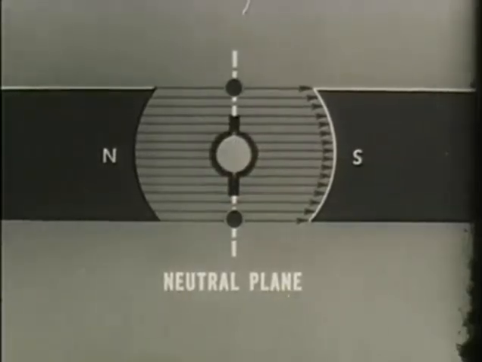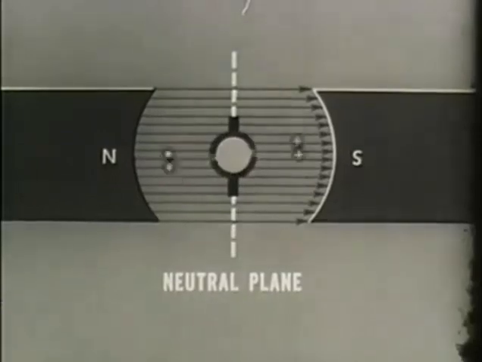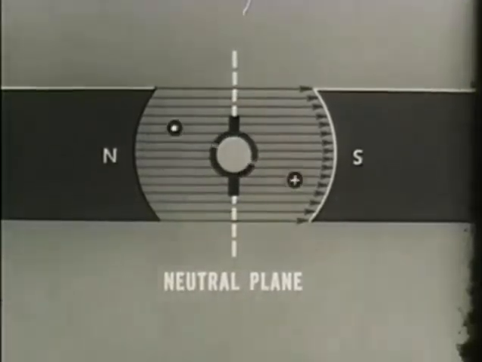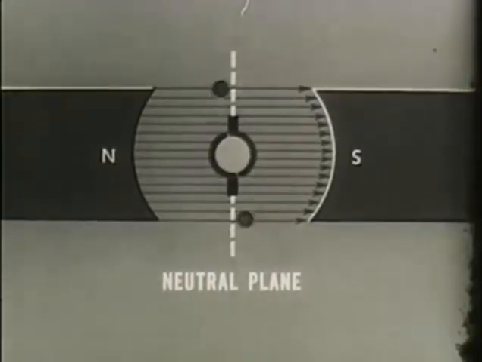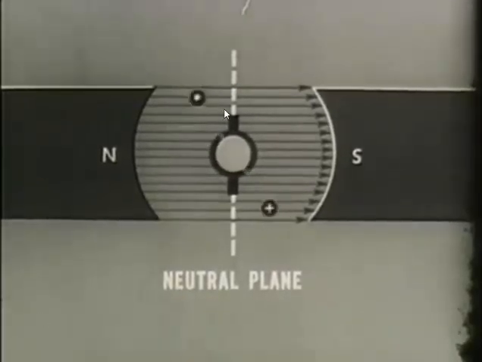Placing the brushes in this neutral plane reduces the tendency for sparking between brushes and commutator because during the time a brush is touching both commutator segments, there is no difference in potential between these segments. Nah, dengan memasang brush dan komutator di sini di neutral plane, ini tidak menimbulkan percikan bunga api.